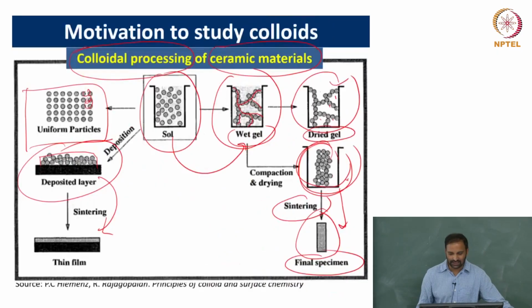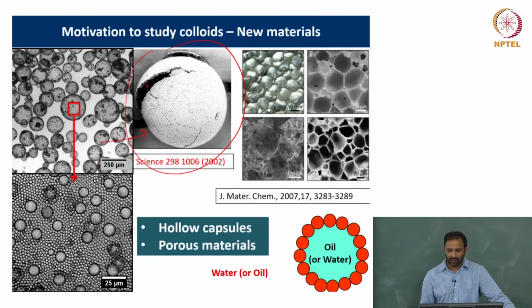I can take particle stabilized emulsions and do sintering, and I can actually get porous materials. So, these are examples of porous materials in which people have taken these Pickering emulsions, compacted them, removed the fluid and then sintered them. People have made porous metallic materials, porous ceramic materials and stuff like that.